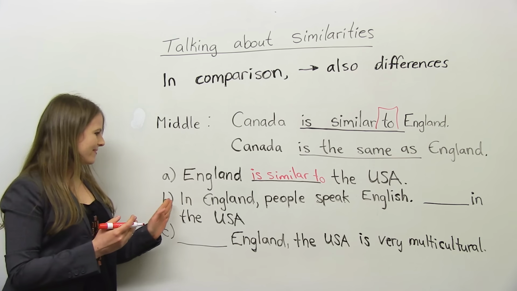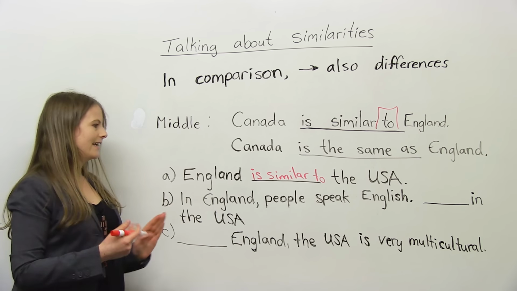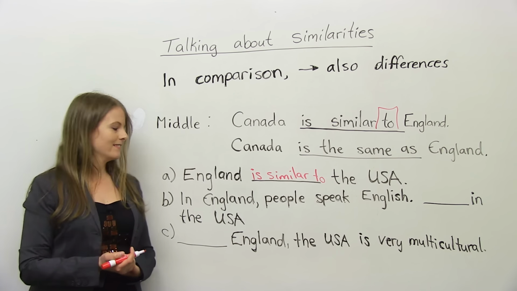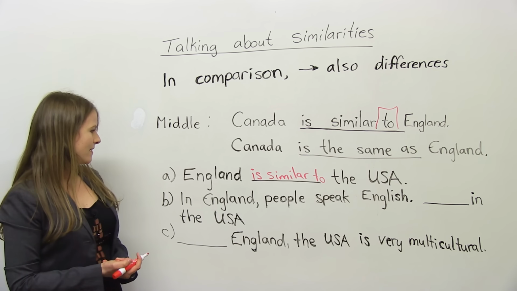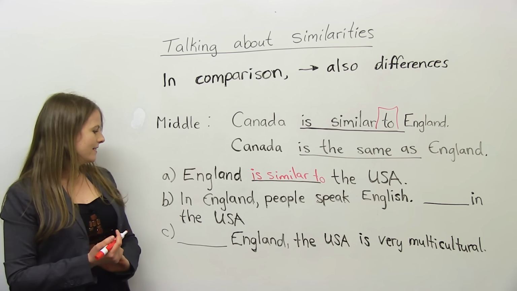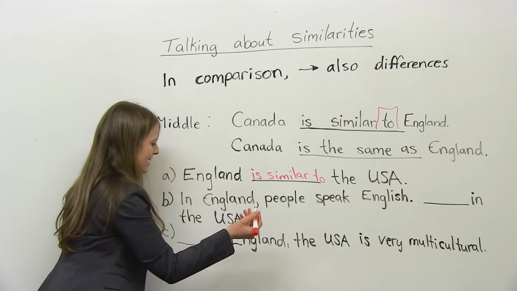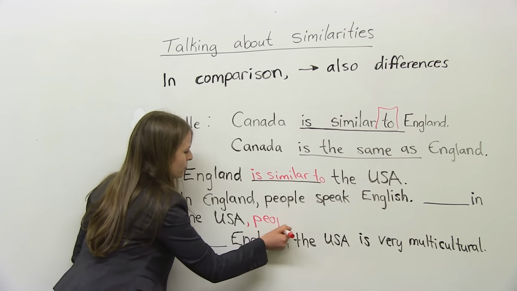Let's look at B. In England, people speak English. In the USA, so what could we add here? In England, people speak English. In the USA, so there's actually a mistake here. We'll add people also speak English.